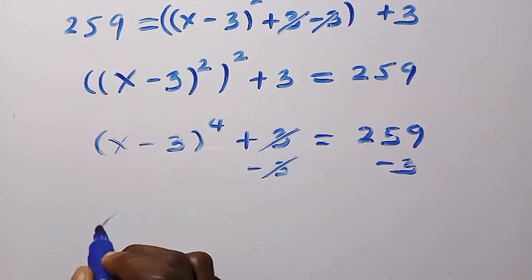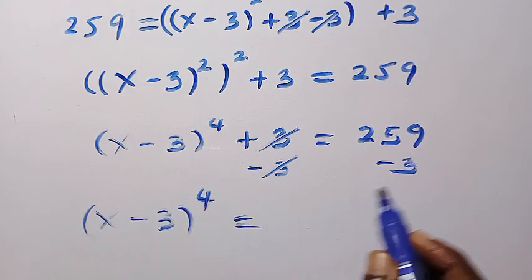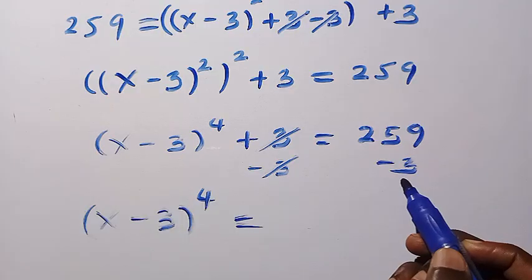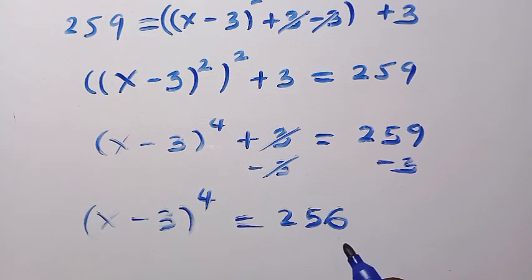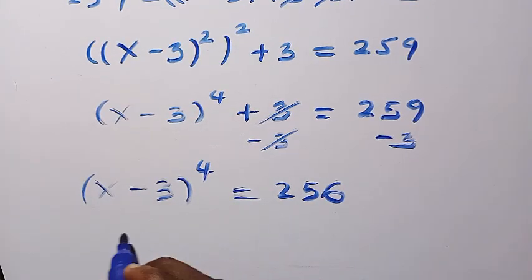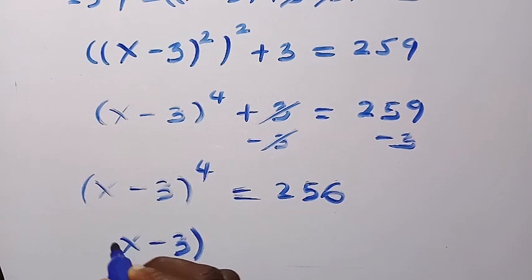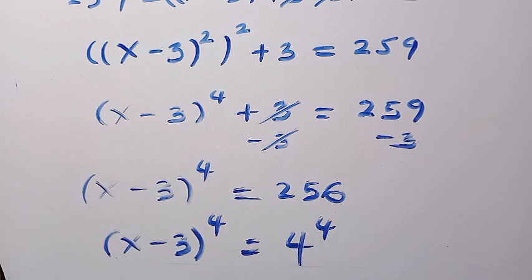And here we have x minus 3 raised to the power 4 equals 259 minus 3. That gives us 256. And what is 256? 256 is when we have 4 to the power of 4. That is in exponent form.